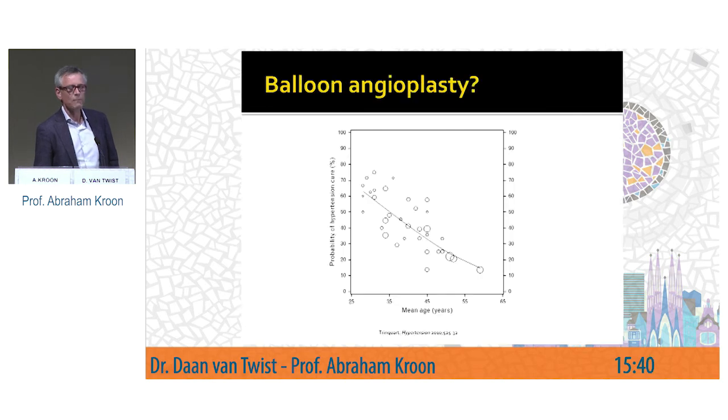Well, we had some arguments for what we did, and one argument is this curve. We have a 45-year-old lady in whom the pre-test chance of curing her hypertension would be between 30 and 40%.